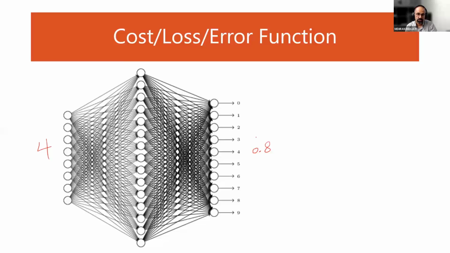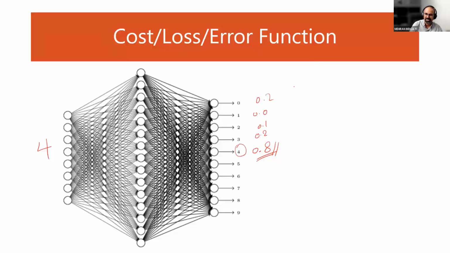And if our network works well, we expect the rest of the digits to be small numbers, and only a big number here for digit 4, so that we can choose this one as the output of our classification in this problem. So if our network works well, we expect some output like this.